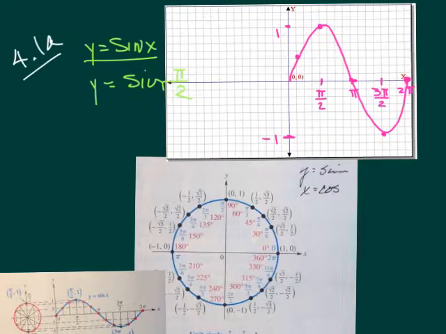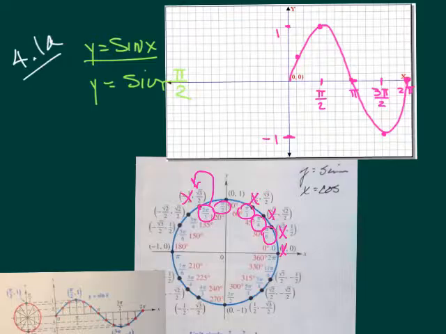So the key here is to take the sine of any of these blue ones here from page 109, and it will kick out a y value, and it will always kick out this y value. So we're kind of ignoring these x's that are right here. We're not really even using them right now.